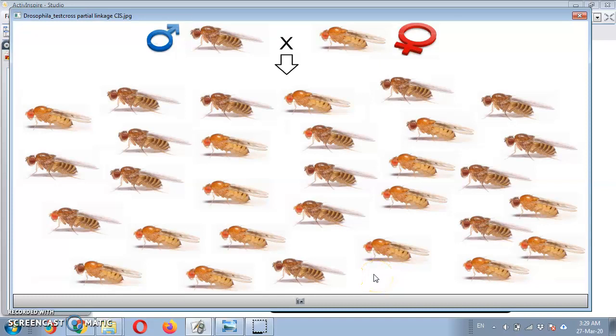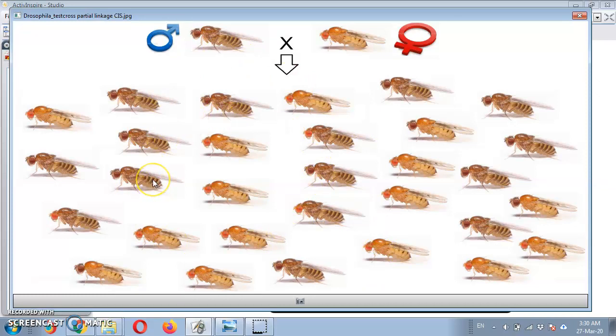These are the proportions, and if we sum up the recombinant Drosophila offsprings, which have the least number of the offsprings, it will be 3 plus 3 divided by the total number, which is 30, times 100.